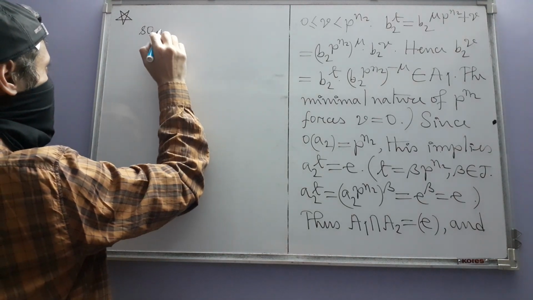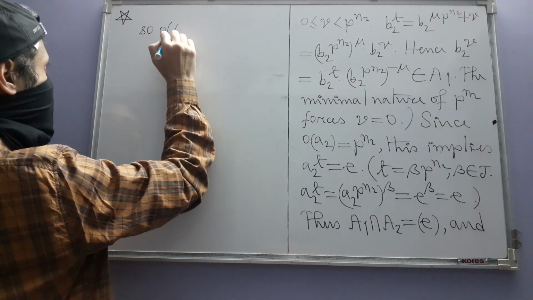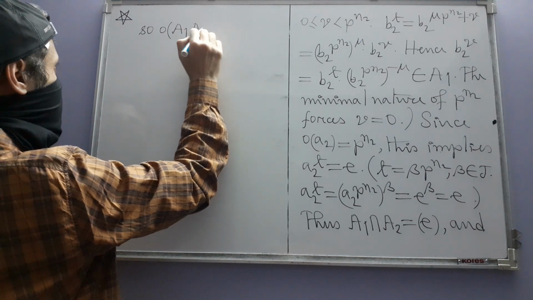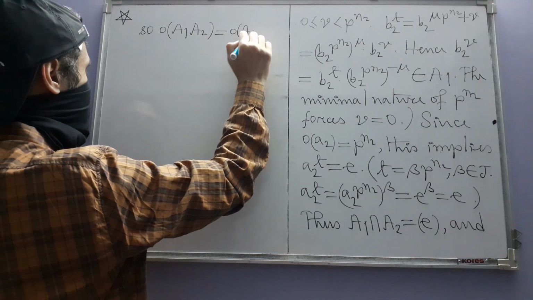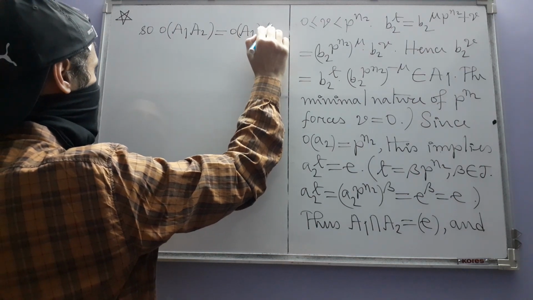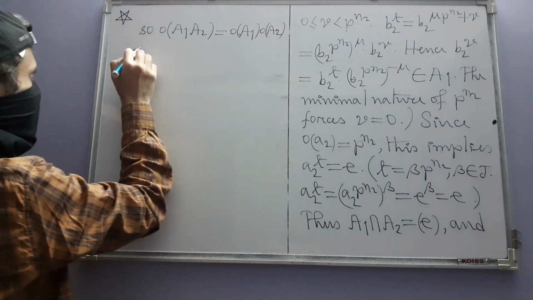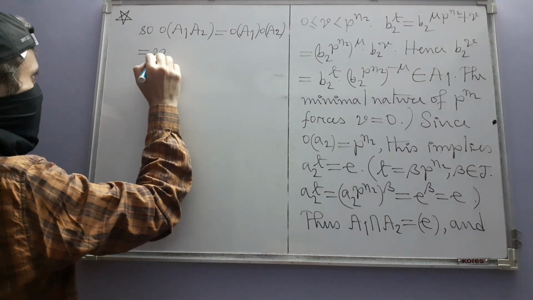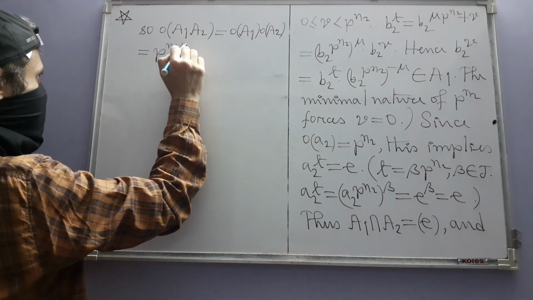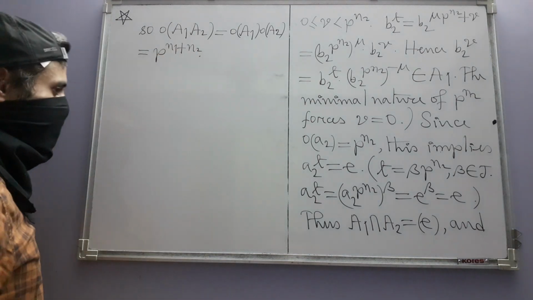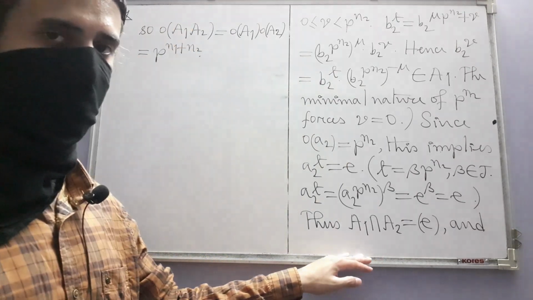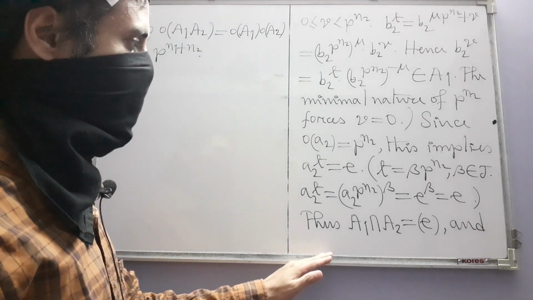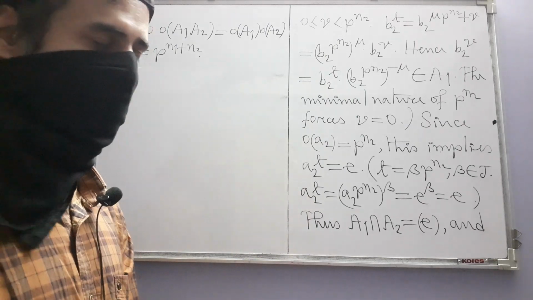And so, order of A1 A2 is equal to order of A1 times order of A2. That is equal to, of course, this. And this is where the first chunk of the proof, as I have divided it up, ends.